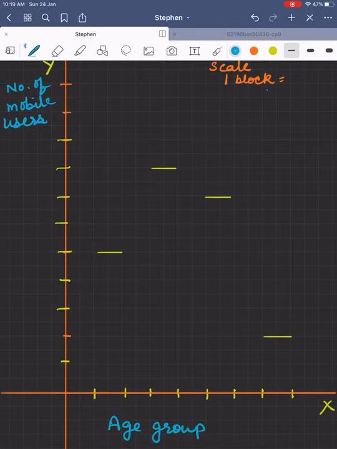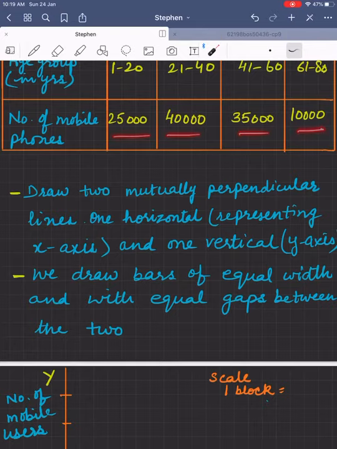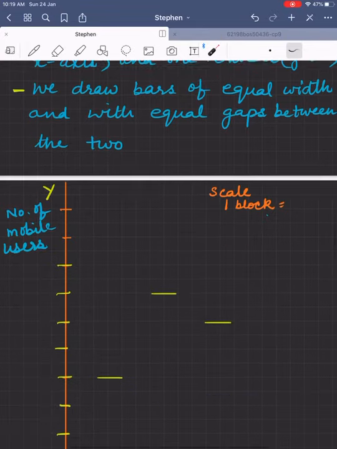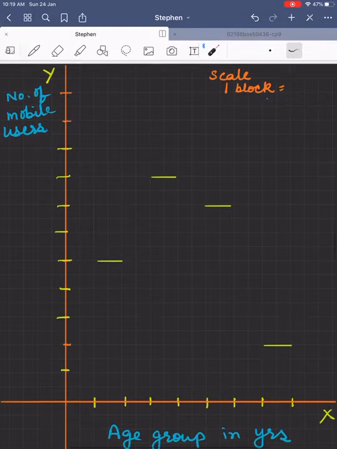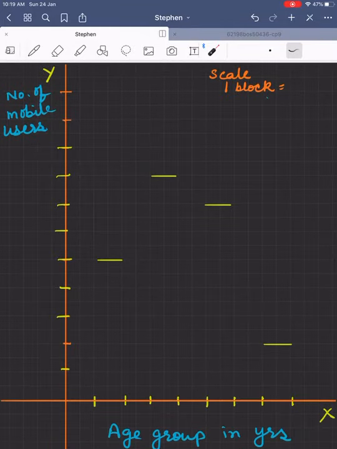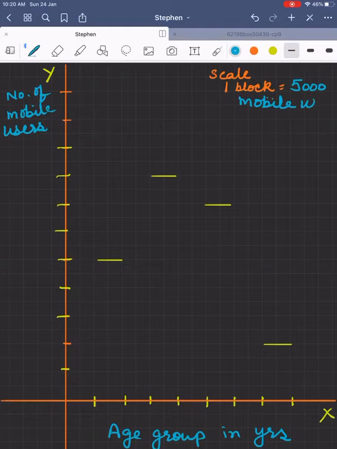Now here we observe that all the numbers are multiples of 5000. So we take one block having 10 small divisions as 5000 mobile users. It is very important to mention the scale, children.